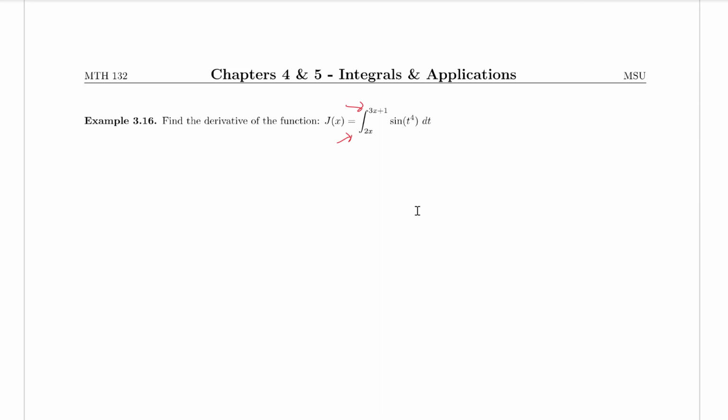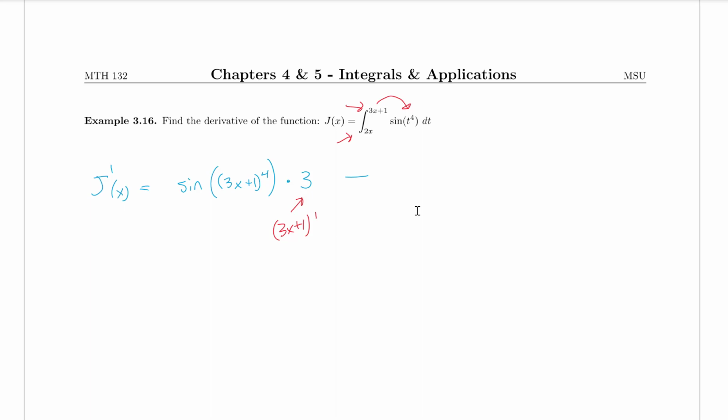So J prime of x, the derivative of the integral, is just the sine of (3x plus 1) to the fourth times 3. What I did is plug in the upper bound for that t, and then we needed to multiply by the derivative of 3x plus 1, which is that 3.